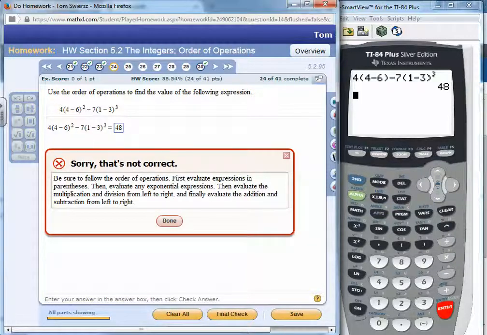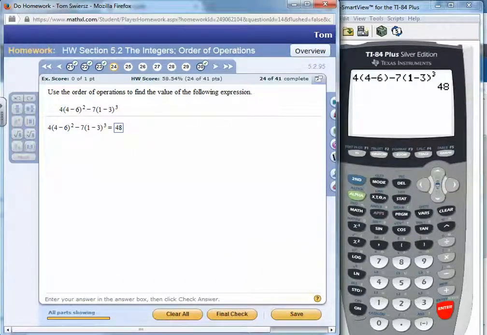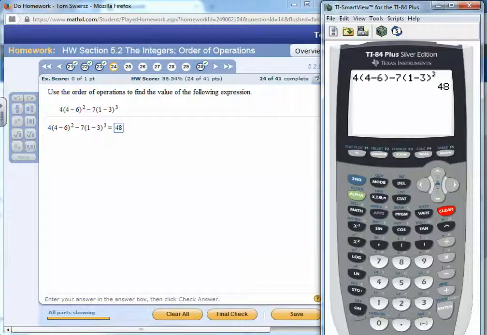It was 4 times 4 minus 7 times 1 minus 3 cubed. Now I forgot the squared on the 4 minus 6. We'll get it right eventually.